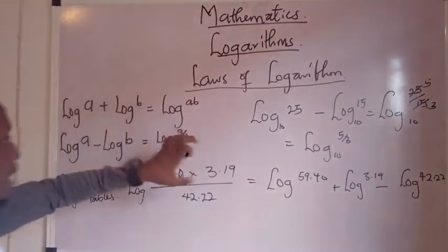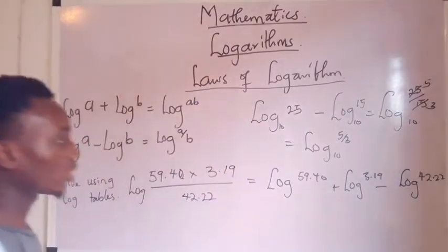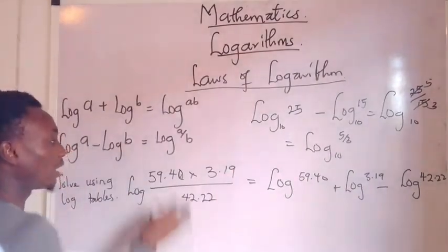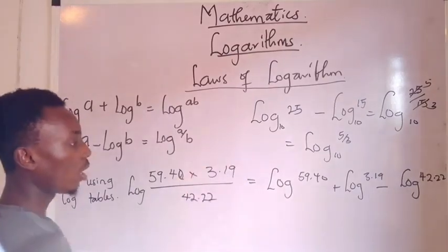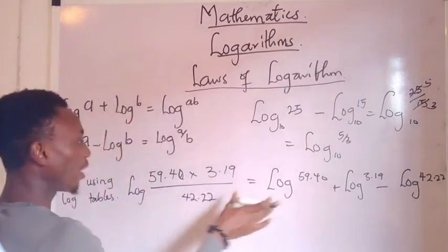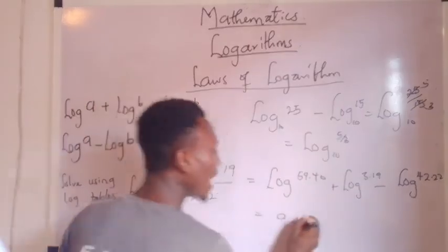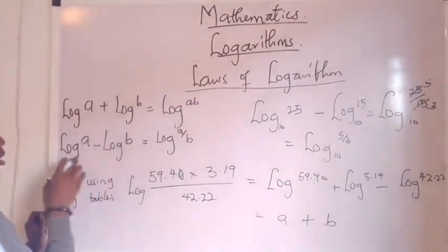If you take this law and read it backwards, this is actually what you're going to get. So what you do is that you find the log of this one, find the log of this one, and find the log of this one. When you find the log of this one, let's call it A, you add it to the log of this one, B. Why? Because look at it here.